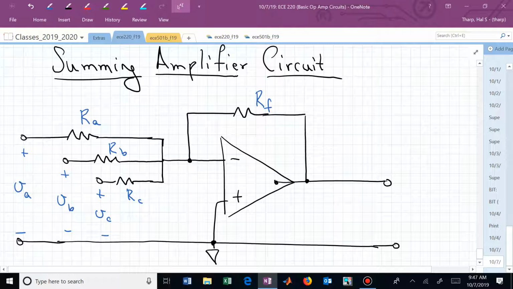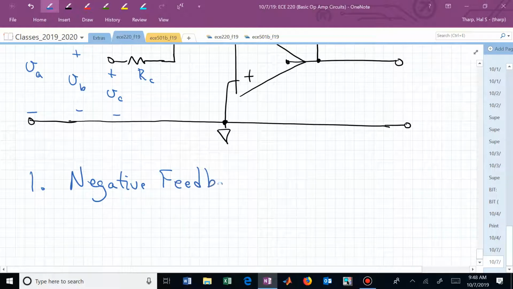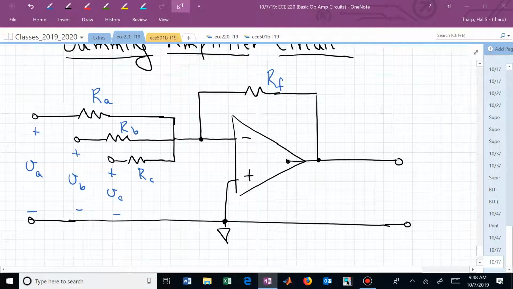Is the output pin connected through a resistor back to the inverting pin of the op-amp? Yes. We do have negative feedback. Now we can assume that we're in the operating region, and what would be our strategy? So the first step is we now have concluded that we do have negative feedback. What's the second step?